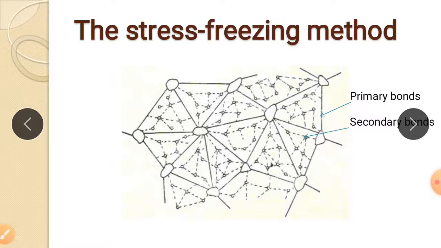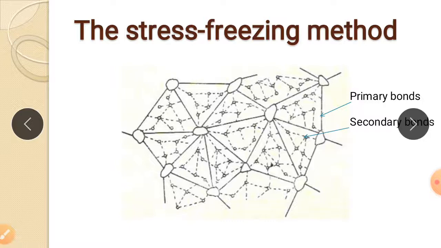If you cool down the temperature, what happens? The secondary bonds solidify again and make a network, but the first network is changed to some other secondary bond network. If you then remove the load, the primary bonds are seized. The secondary bonds do not allow the primary bonds to regain their original position.